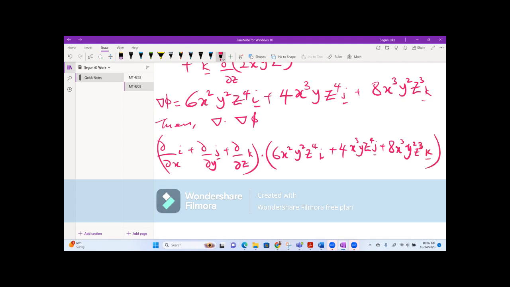Okay. Remember, i dot i will be 1, j dot j will be 1, k dot k will be 1. So we have d dx of the i components, plus d dy of the j components, plus d dz of the k components.